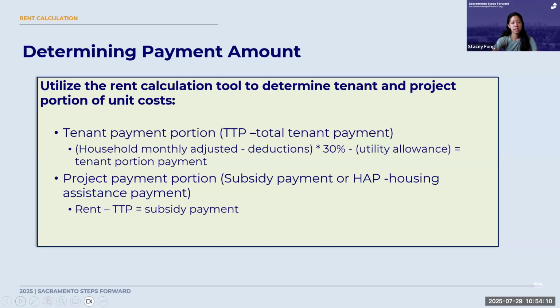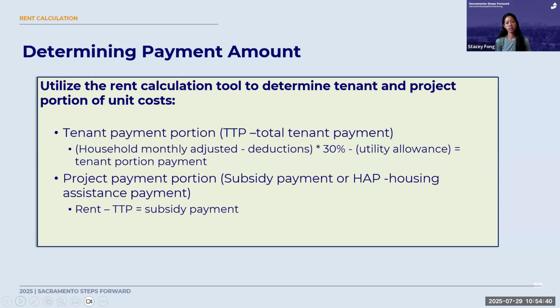In summary, the tenant payment portion, also known as the total tenant payment, or TTP as you'll hear with the Public Housing Authority, is the household monthly adjusted income minus any deductions, then taking 30% of that total and subtracting your utility allowance. That'll be how much the tenant or participant is responsible for paying.